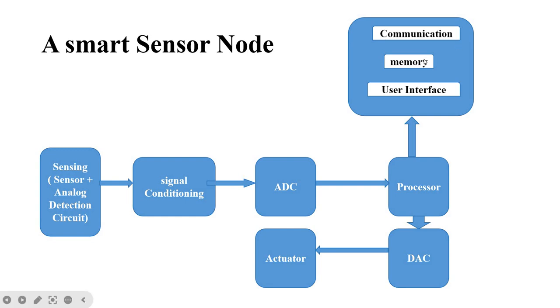And here you have communication, memory and user interface. The processed data needs to be transmitted to other devices or a central server, and the common communication methods include wired and wireless communications.